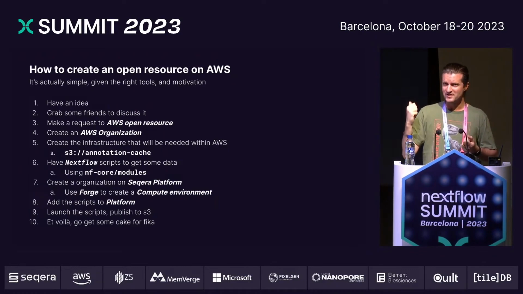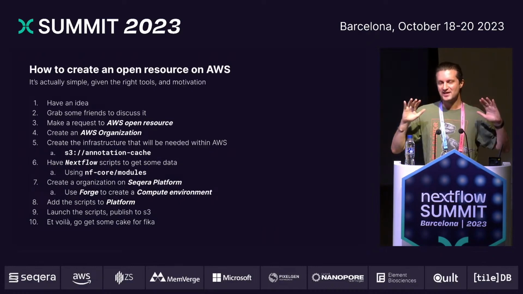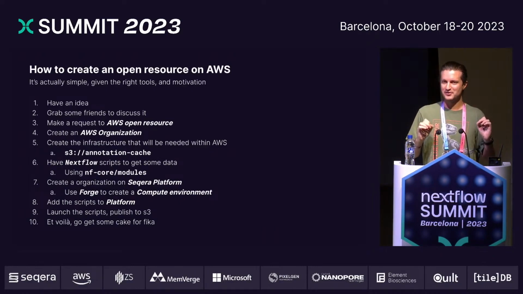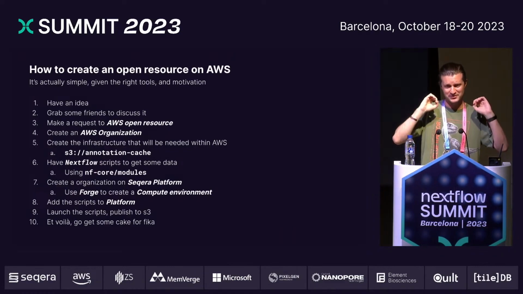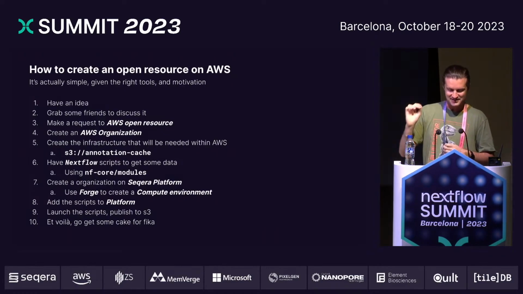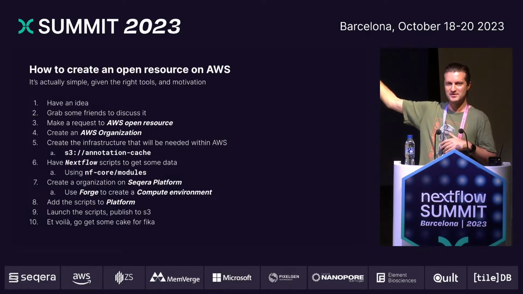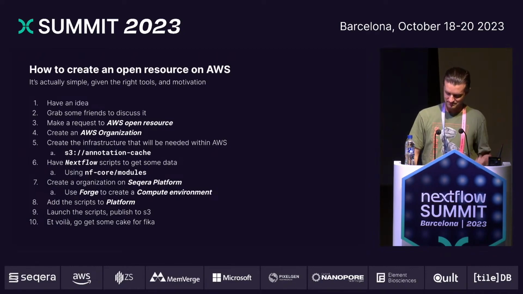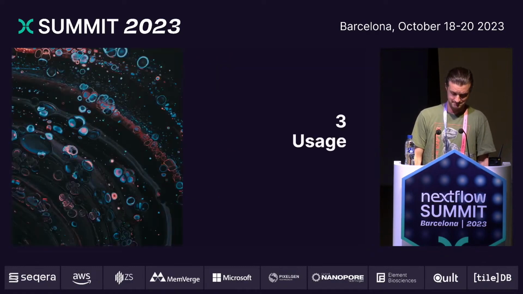I did that once by myself, I think while I was still at NGI, but it was badly configured. It was such a mess, and I don't want to do that ever again. So I'm so happy that I can do that with just a single click. Then I just add all of the scripts that we have on the platform, I launch the script, and everything is already published to the S3 bucket, and it's all done, and I can use it. So that's amazing.